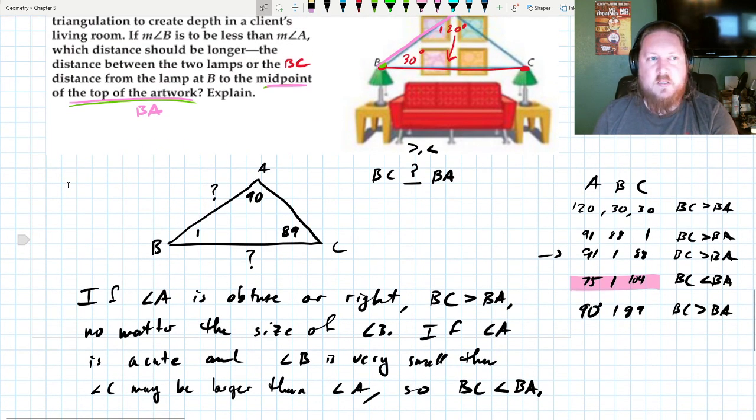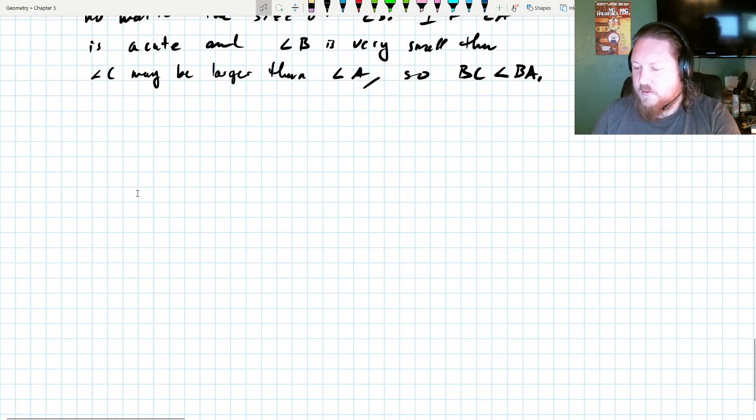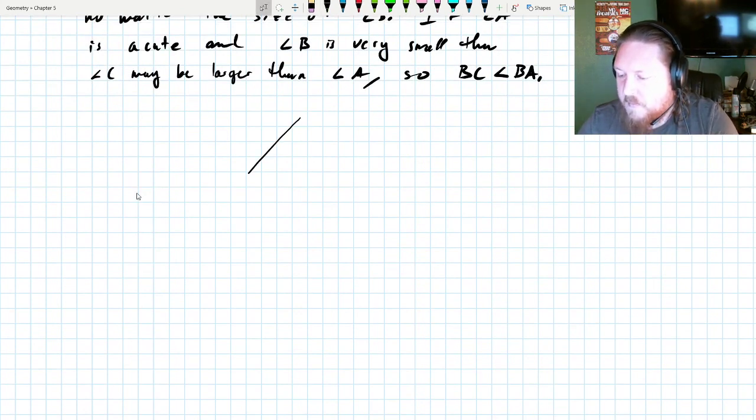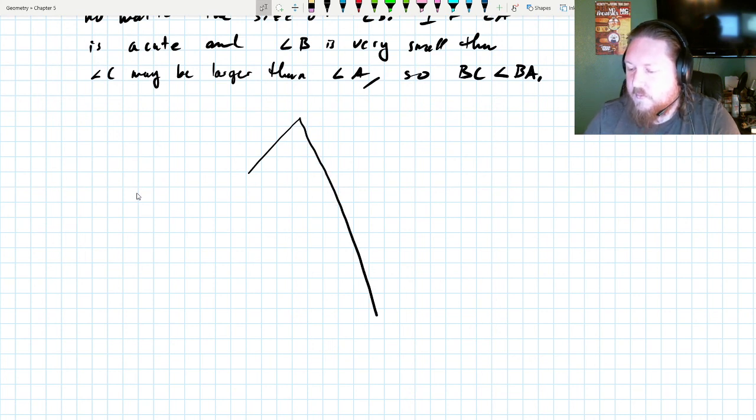Basically, I knew at some point there was some angle that was going to make it so that it didn't work out. Now, in real life, what would the 75, 1, and 104 look like? It would be a very weird picture. So there would be an angle here from the midpoint of the paintings. Oh, no, I'm drawing this backwards.